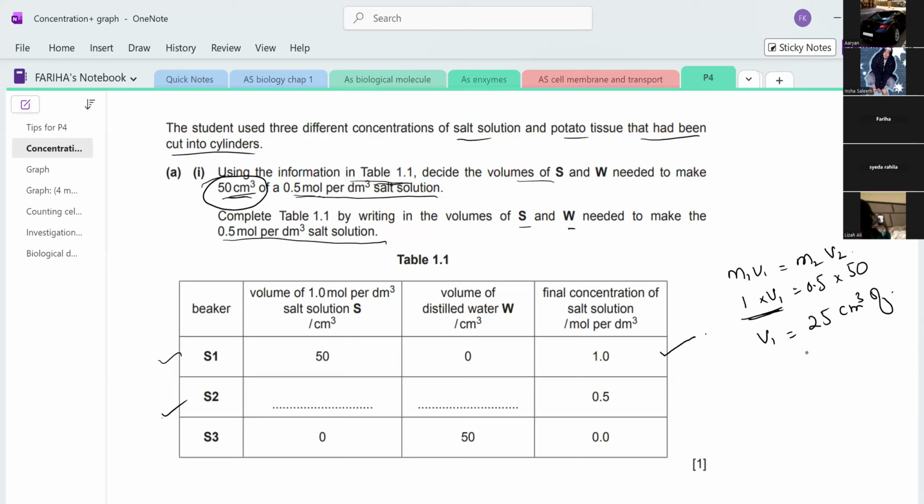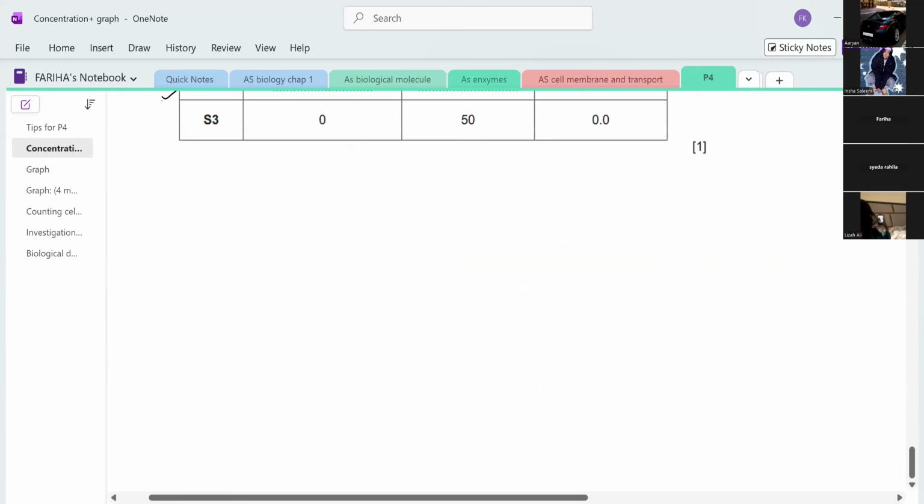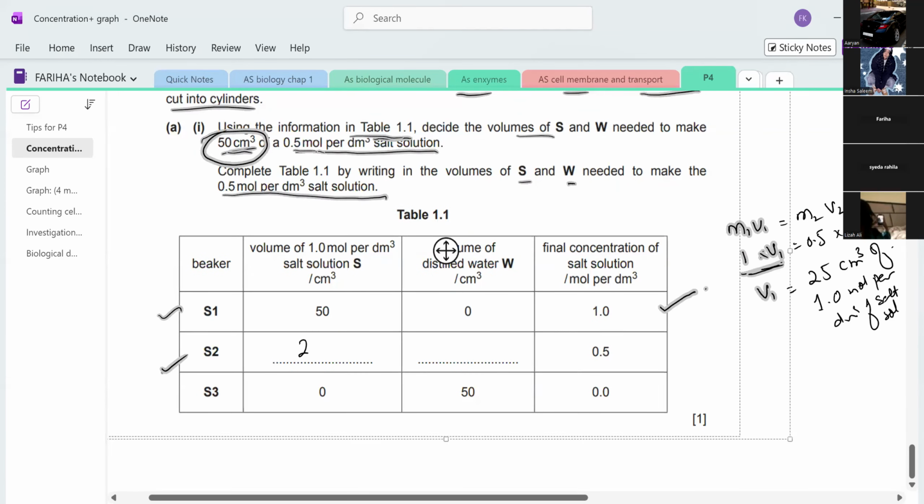So 25 V1 is equals to 25 cubic centimeter of 1.0 mole per dm cube of salt solution. Clear? So we should write it over here, 25 only. No need to write down the unit in the table.